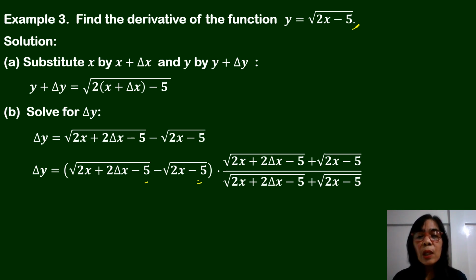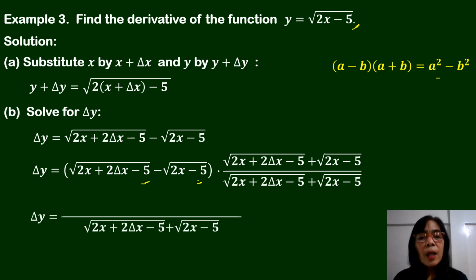So we choose here the sum of these two terms so that we will be able to apply the special product, or the product of the difference and sum of two numbers. Applying this formula, we now have the first term, the square root of 2x plus 2 delta x minus 5.